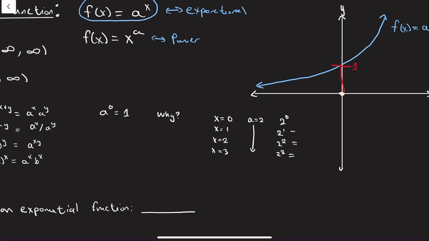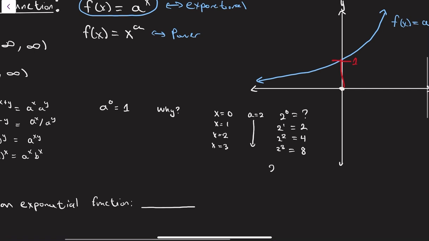We know the value for most of these. We want to find out what 2 raised to 0 is. It turns out that this is 8, this is 4, this is 2, and we don't know what this value is. What we're doing is taking 2 raised to x, since our base a is equal to 2, which is 2 times 2 times 2, x amount of times.